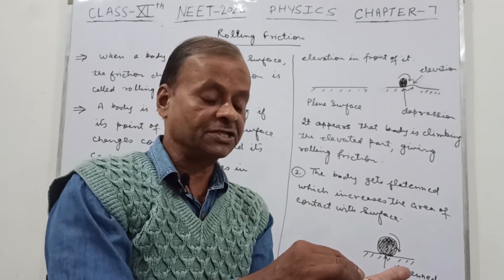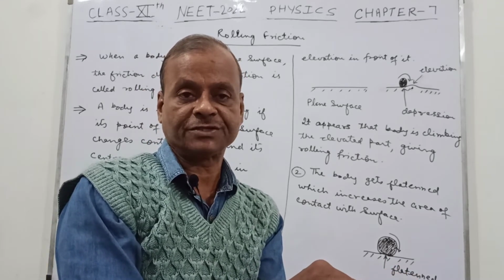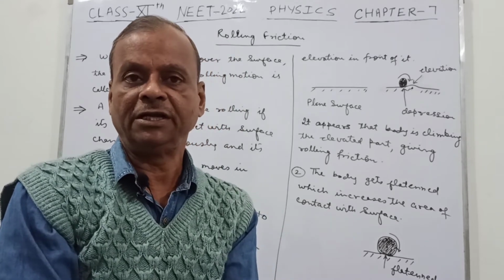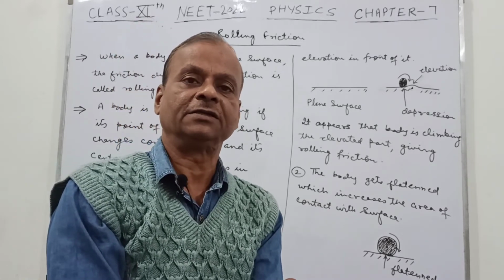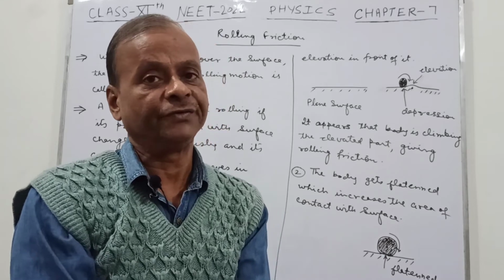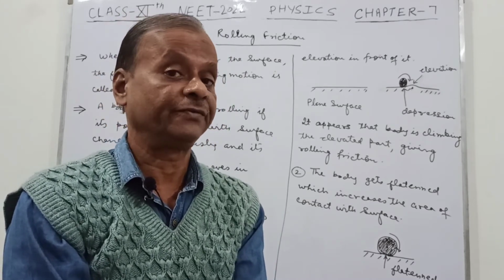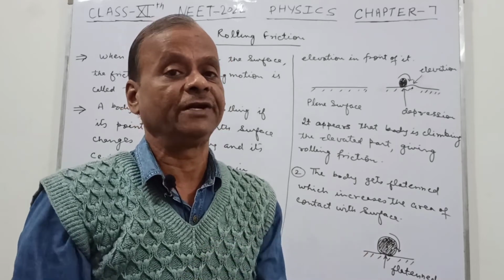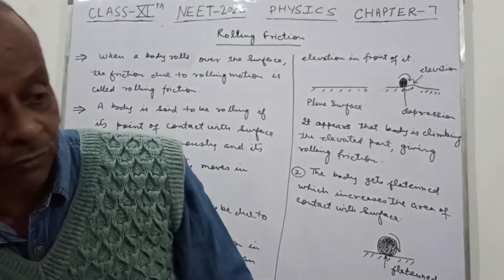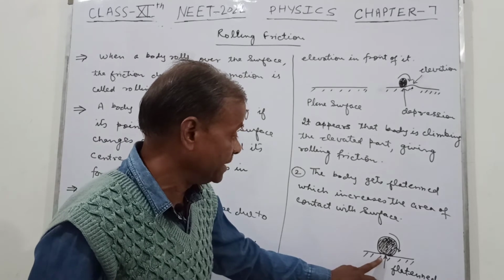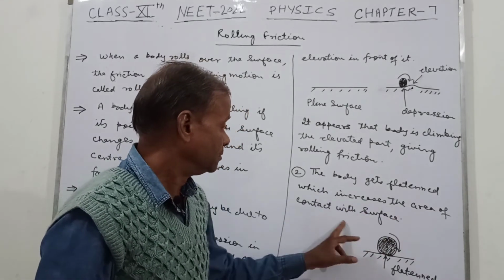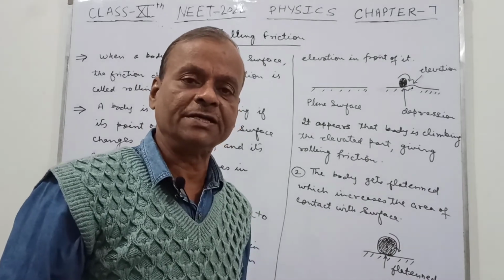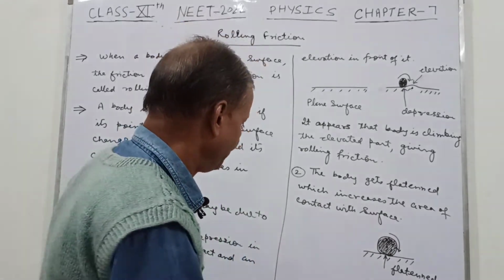When this creates a depression in the surface, then it appears that the body is climbing the elevation that is created by it in front of it. Because of that there is a friction. But it may also be that this body gets flattened. When this body is flattened, then the area of contact with the surface increases. So this also gives rise to the rolling friction.